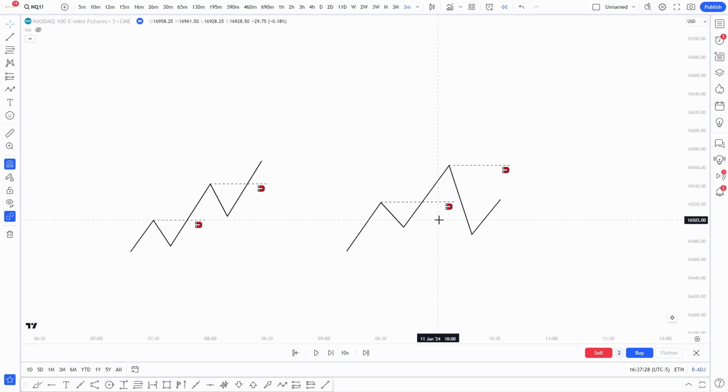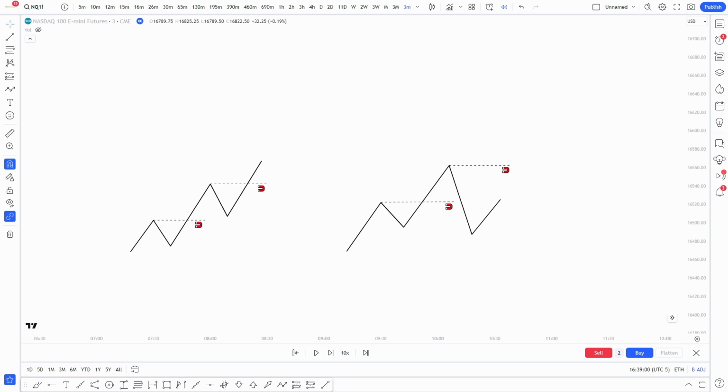Not only do we sweep liquidity, but we also invalidate the bullish order flow by getting a body close below the fair value gap. Therefore, you don't want to be greedy on a trade that is no longer supporting bullish order flow. Once you start to see bearish order flow present itself, that's where you want to think, okay, can I still be greedy on this trade or not?